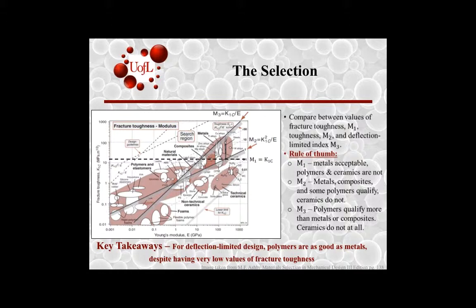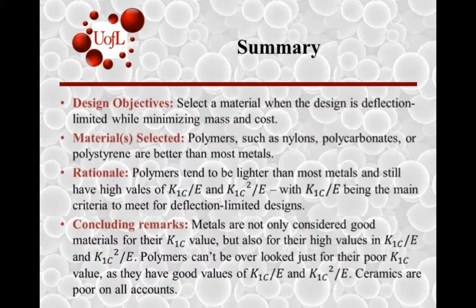Ceramics and polymers, like I said, don't do really well in the first category with load limited design, but the polymers do well in the energy limited as well as the deflection limited, and then ceramics tend to fail in all of those. So there are still some things that need to be done as far as testing with ceramics. This isn't really selecting a specific thing, this is clarifying why they still use polymers.